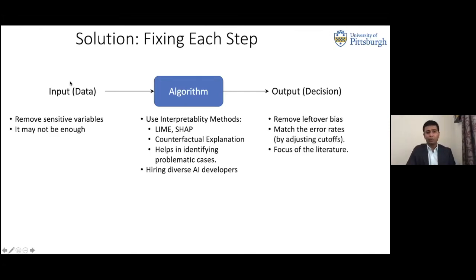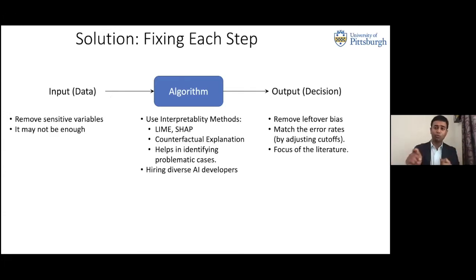Now, even if you fix these two steps, even if you fix the input and the algorithm, there might still be some leftover bias, and that is what was happening in the COMPAS software case. In that case, we use a brute force method where you adjust the cutoff. Since there is already some leftover bias, you adjust the cutoff and match the error rates.